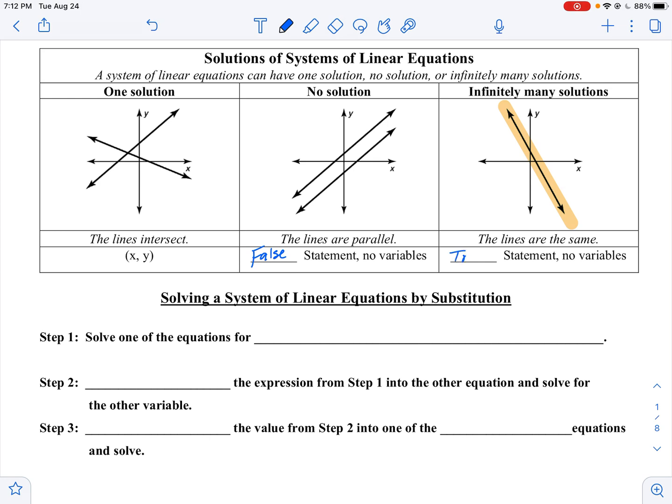And in infinitely many solutions, I would get a true statement. And in both of those special cases, all of my variables would go away. They would all reduce, and I would end up with a true statement. And if you simplify all the way down, it would be 0 equals 0.